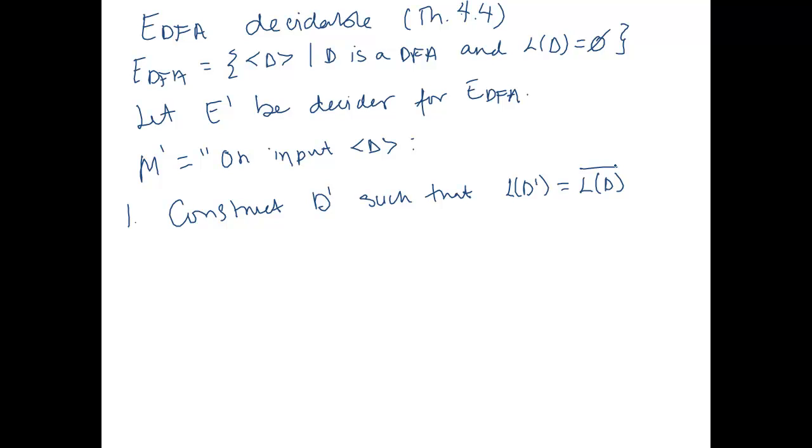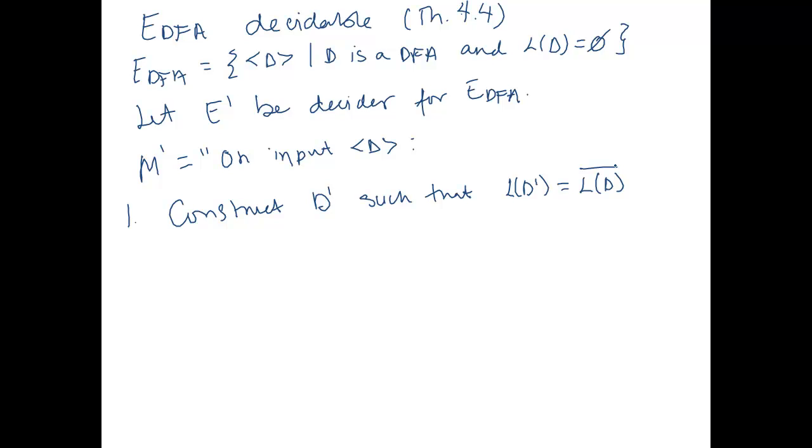So you're going to be able to see the set of states Q, and you're also going to be able to see the set of final states F. Okay, and by marking, so we could, let's say, mark all of the final states in Q, and then in our new DFA description that we're writing on the tape, anything that's marked, we don't add that to our new set of final states. We only add the ones that are not marked. Okay, so we could do this algorithmically in finite time.